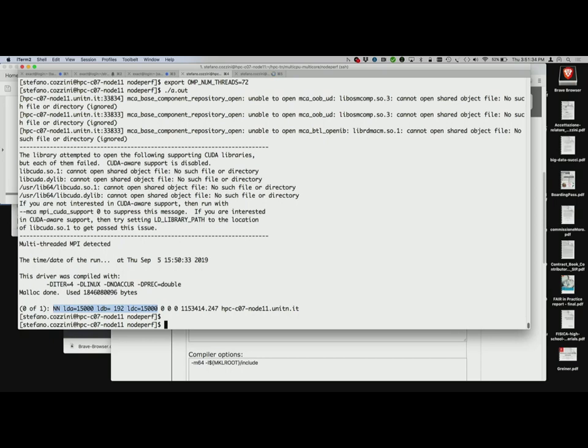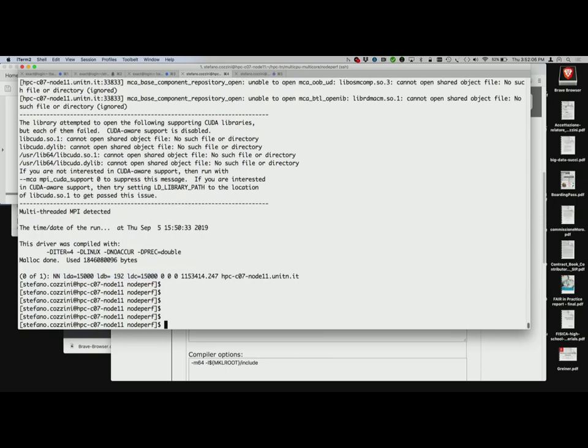In order to increase the performance, we should increase the size of the matrix. If we have this small matrix accessed by 72 threads at the same time, we can have a lot of resource contention, and that's why it doesn't scale too much. The behavior is not what we are expecting. We should increase the size of the matrix.